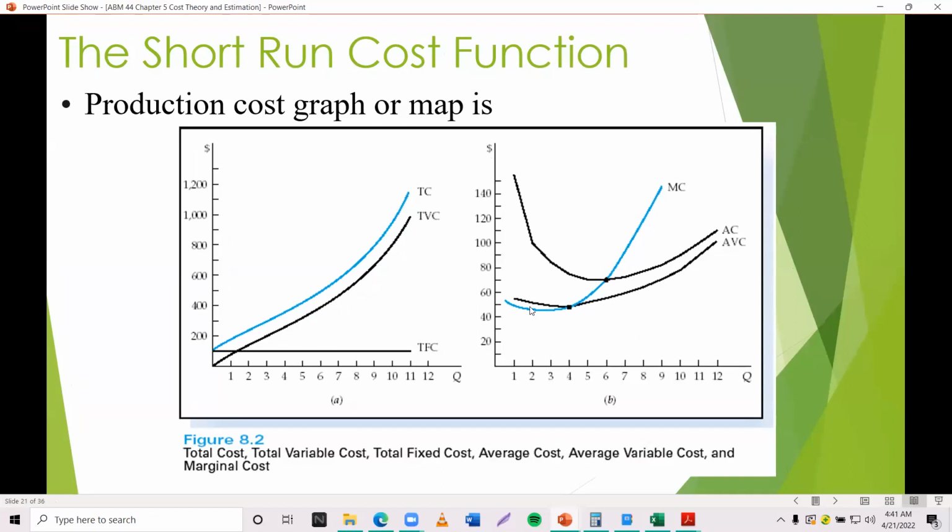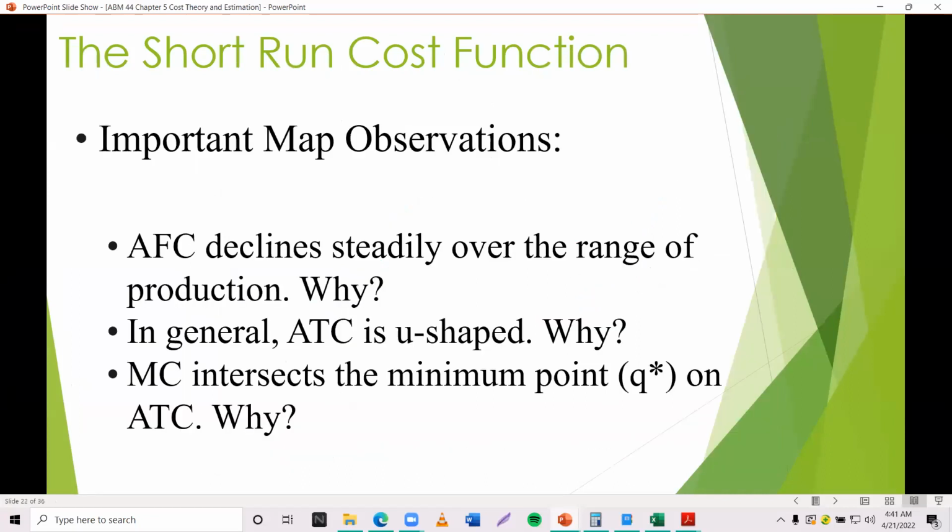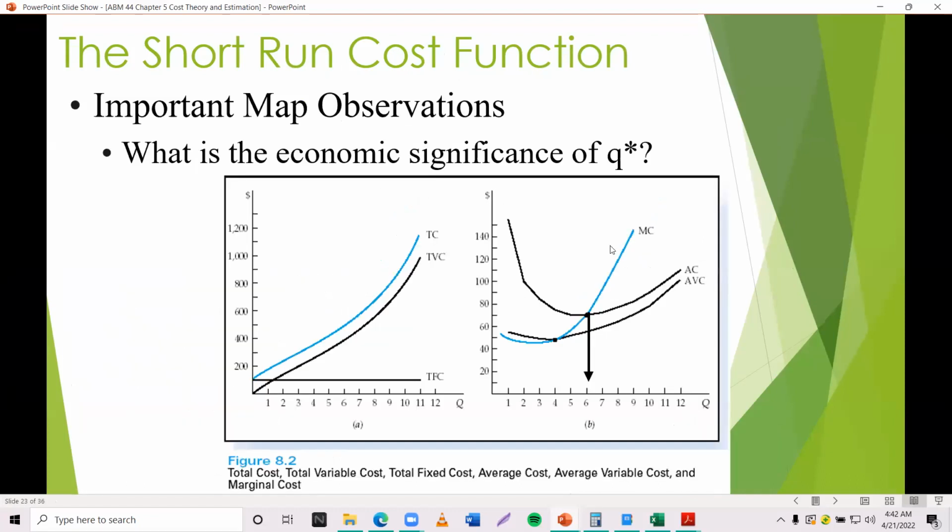So let's continue. We have many important observations. As you can see, AFC declines steadily over the range of production. Why do you think that our average fixed cost declines steadily over the range of production?